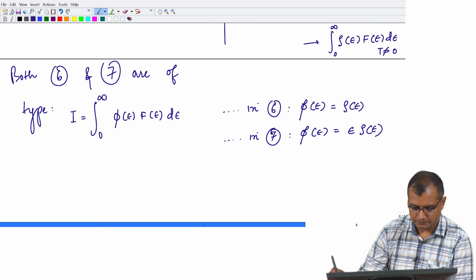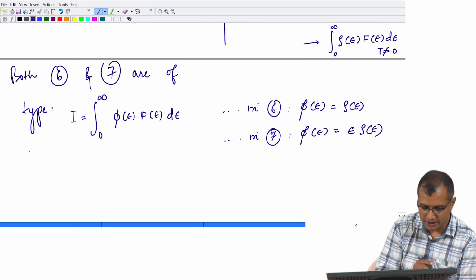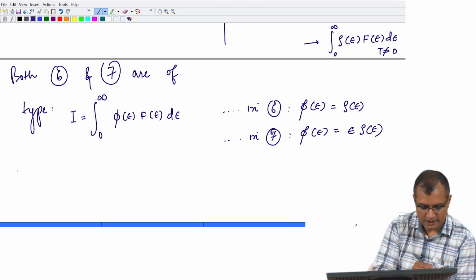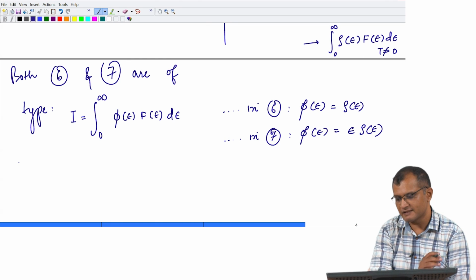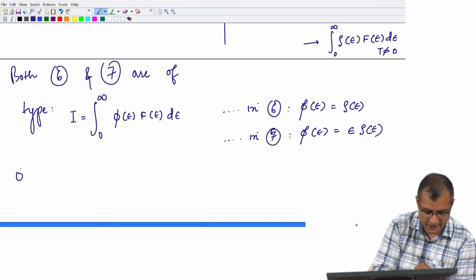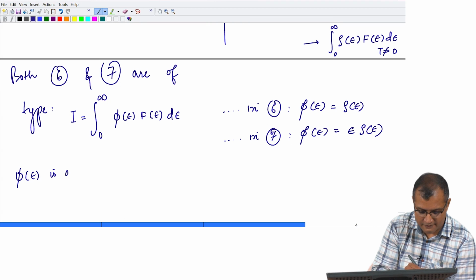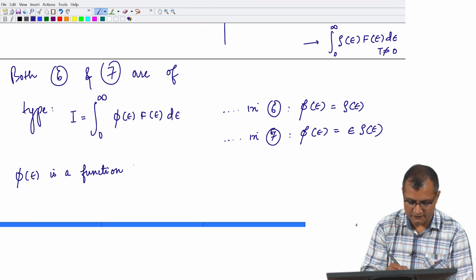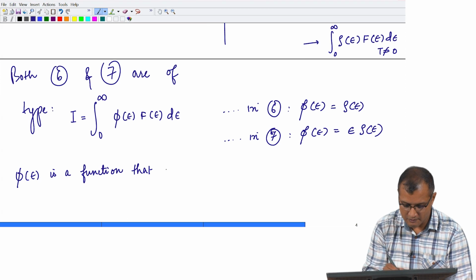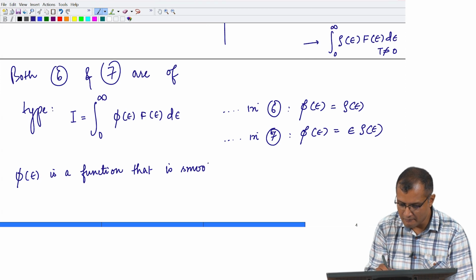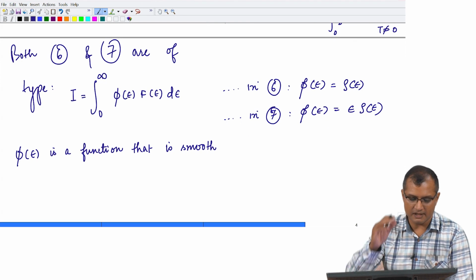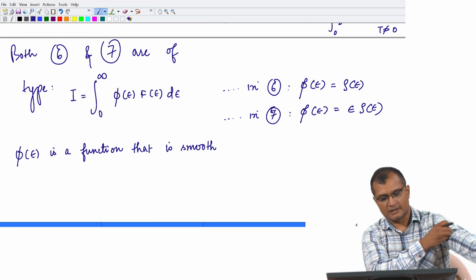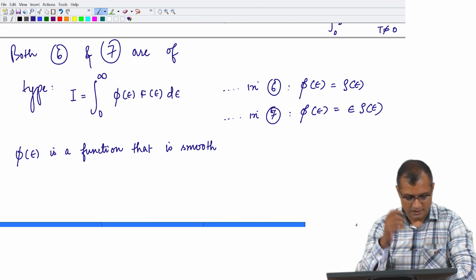And we can compute, before we do that, let us observe a few things about this function phi. We know that the function phi is a function of energy. So, phi is a function, and I am going to say it is a function that is smooth, which means it can be written as a derivative of some function.